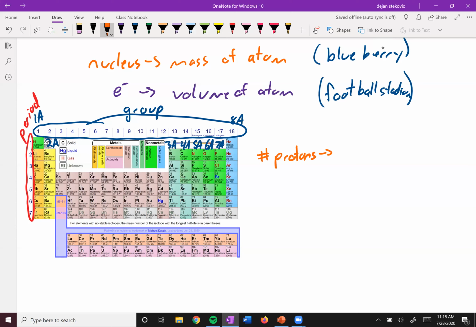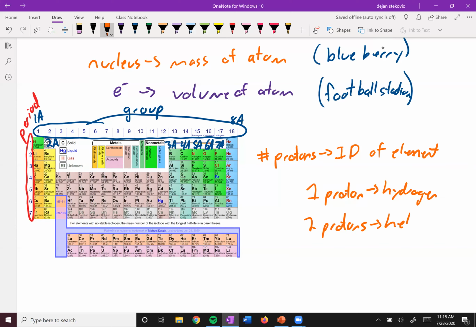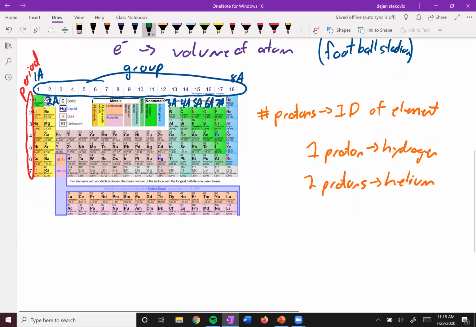So the number of protons determines the identity of the element. So if you have 1 proton, you are hydrogen. If you have 2 protons, then you become helium. Right? Doesn't matter how many electrons, how many neutrons you have. What determines the identity of an element is the number of protons.